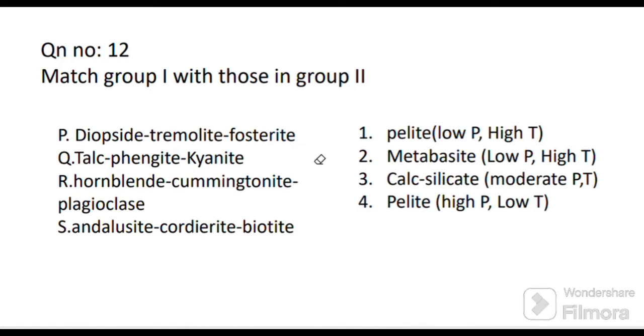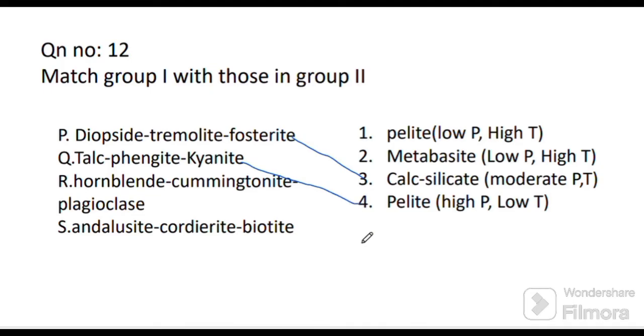Question number 12. Match group 1 with those in group 2. Option 1, P is diopside, tremolite, phosphorite that represent calc-silicate, characterized by moderate pressure and moderate temperature. Second is talc, phengite, kyanite, which is pelite, high pressure and low temperature.